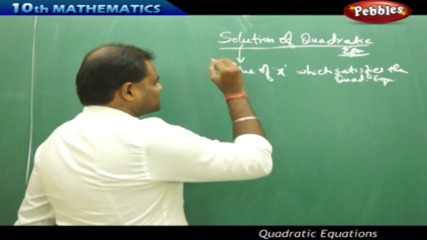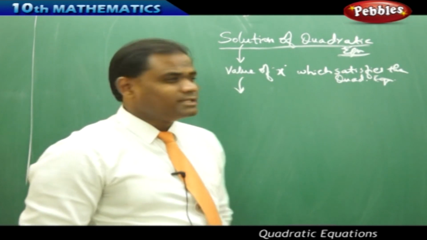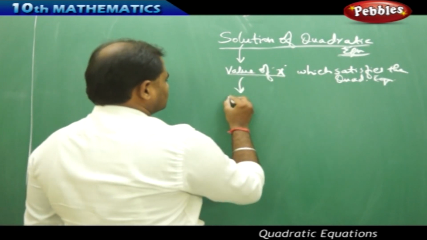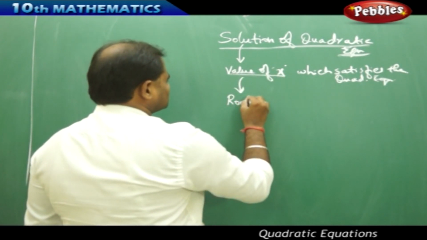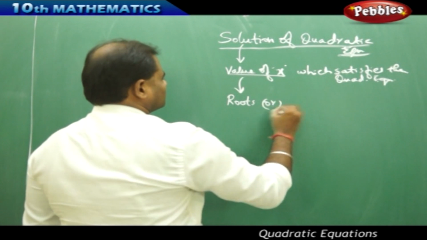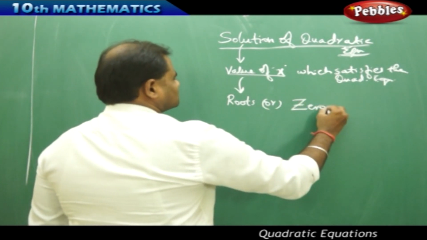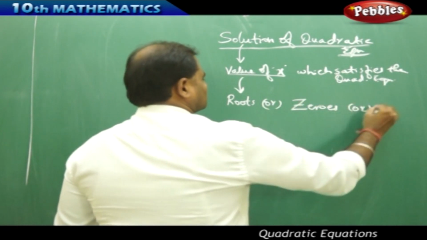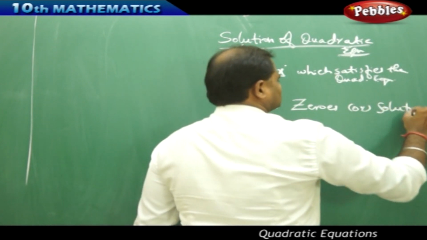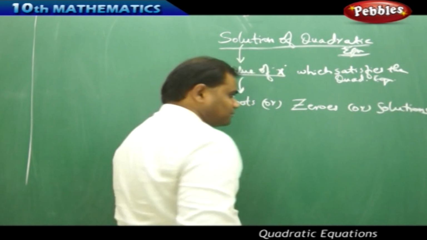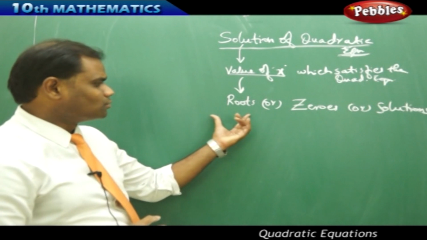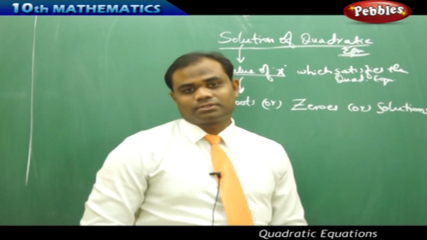Now, next coming to the values, these values of x are also called roots or zeros or solutions. So they have three different names: the roots, the zeros, or solutions.